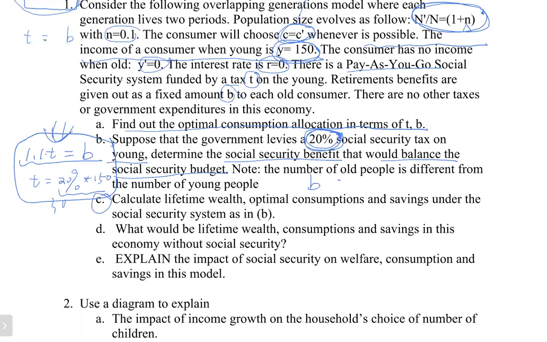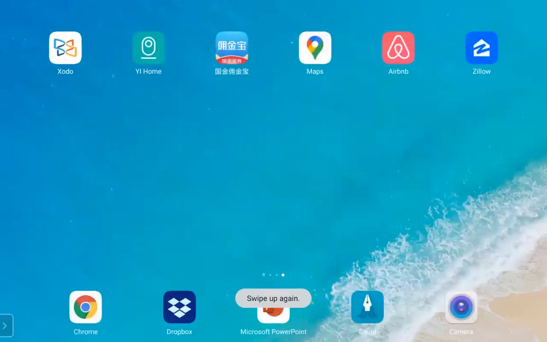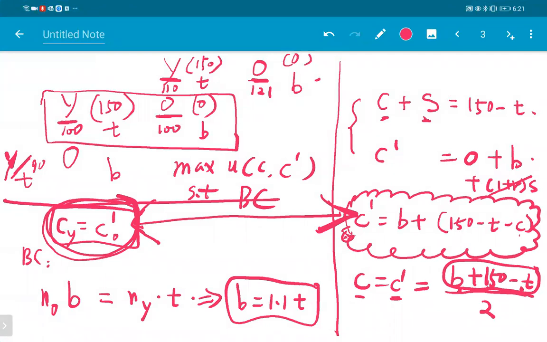Calculate lifetime wealth, optimal consumption, and saving under Social Security. Now let's go to the node. So in this node, that's the key. We go to the next page.